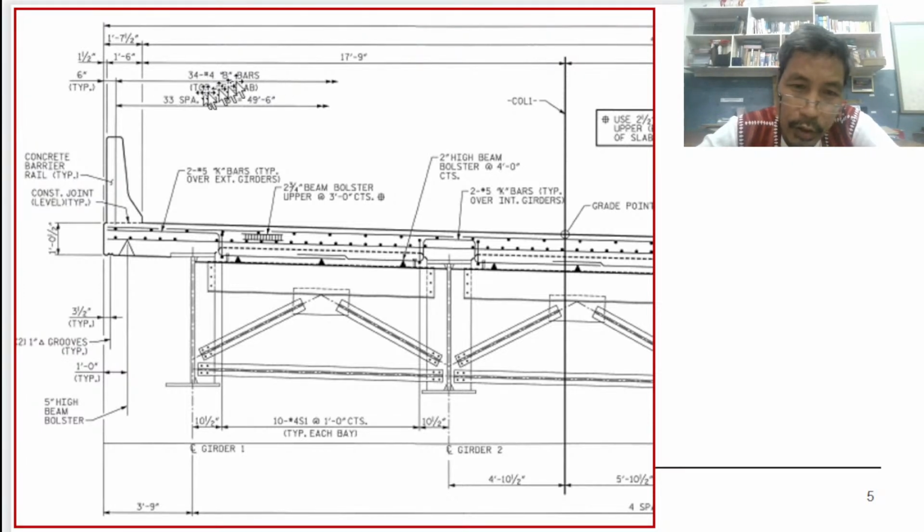So, from this point, going to the next, going to the next important reference point, there are 34 of number 4 B bars. So, we can show you the bar sizes at the same time. Okay, so I will show you the bar sizes.